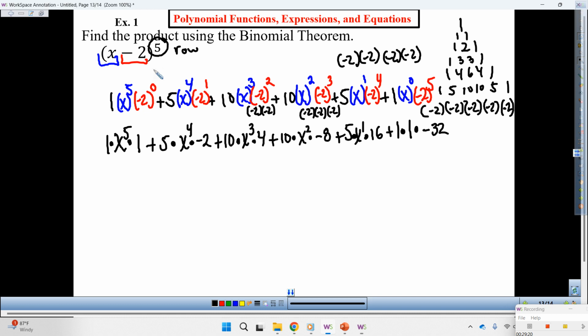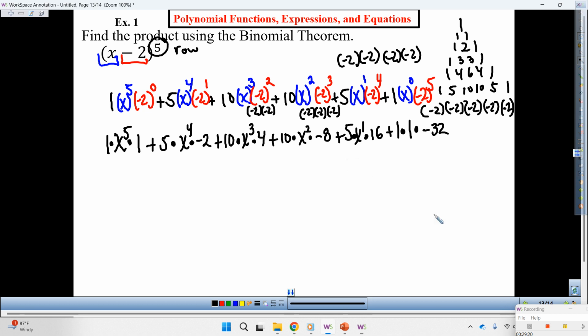I use the second term, and it starts with exponent 0. Next term goes up 1, goes up 1, goes up 1, goes up 1, all the way to 5. The next step, we simplify each term. So 1 times x to the 5th times negative 2 to the 0 is 1. 5 times x to the 4th, negative 2 to the 1st is negative 2, and so on and so forth.